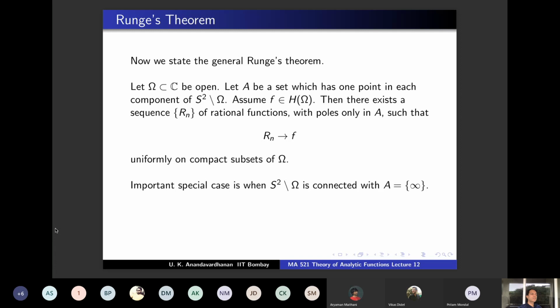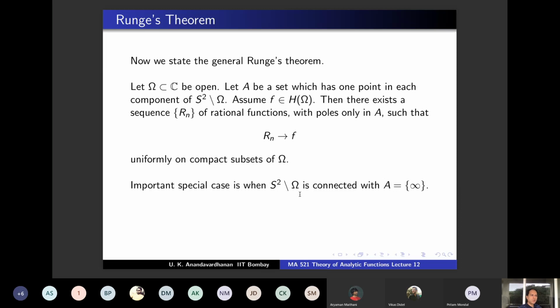So if omega is open such that S2 minus omega is connected, and you have a holomorphic function, then the special case tells you that F can be approximated by polynomials.